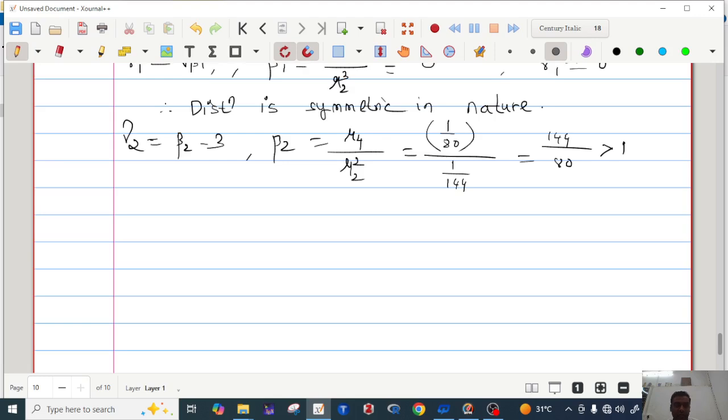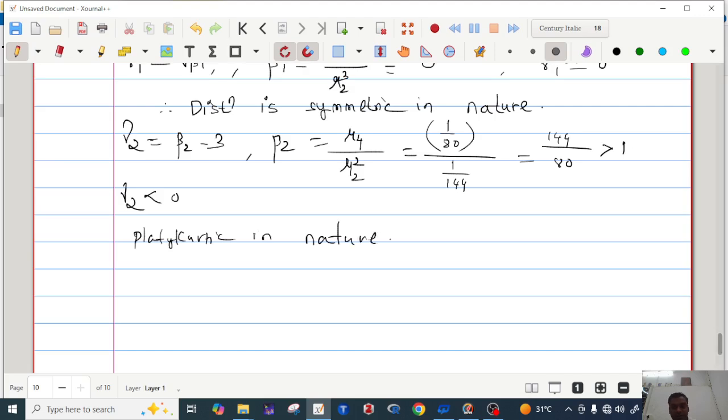Okay. So beta 2 is 1 point something. Gamma 2 is 1 point something minus 3. It means this is negative, less than 0. If gamma 2 is negative, then the interpretation is, if this gamma 2 is equal to 0, distribution is mesokurtic. If it is positive, then leptokurtic. If negative, the interpretation is data is platykurtic in nature.